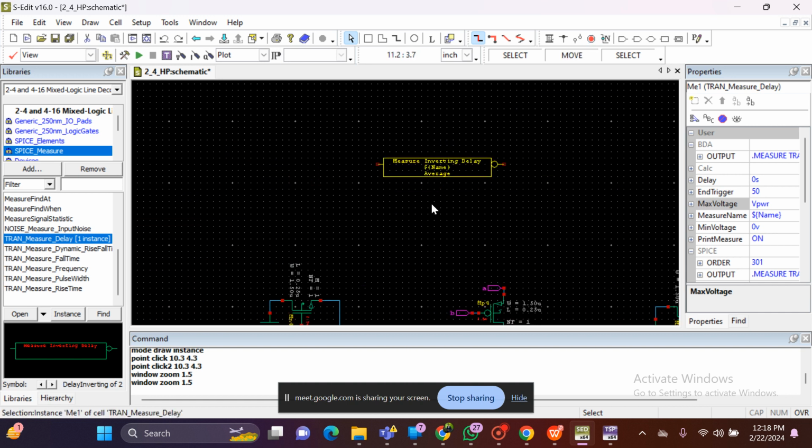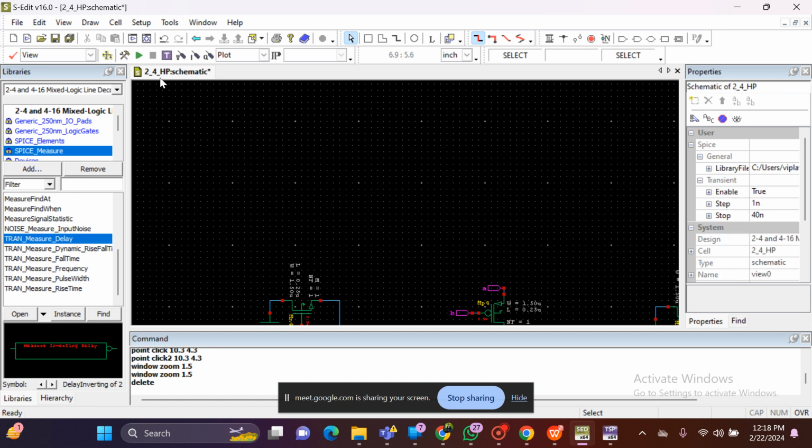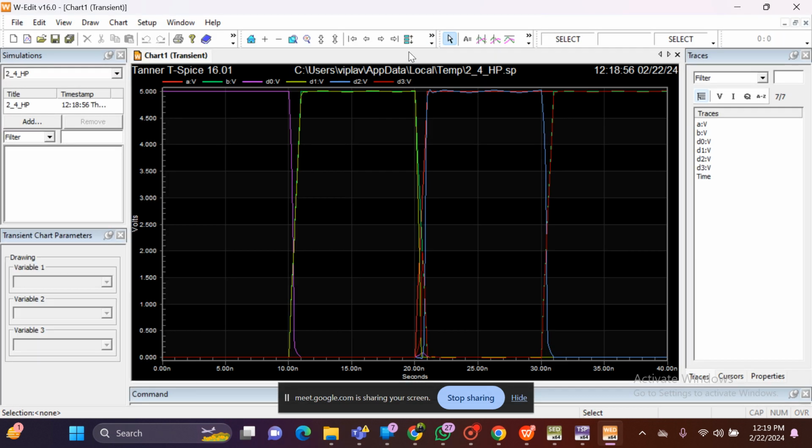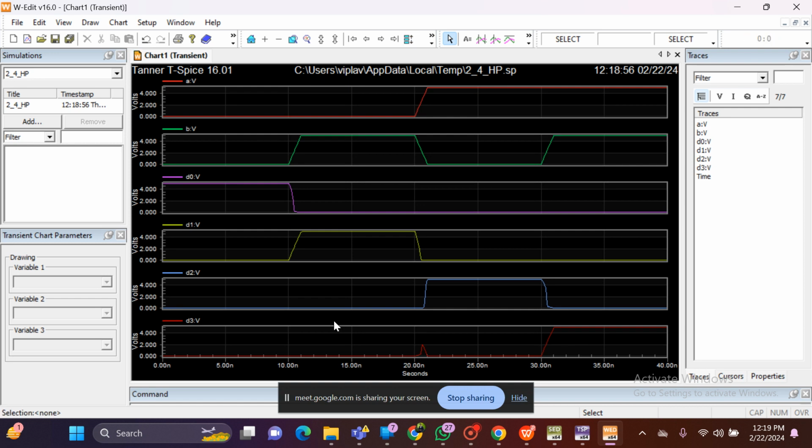In that instance, before taking it, we need to just run here. Okay, let's run 2 to 4 once. When we run, we need to check how we are getting the output.